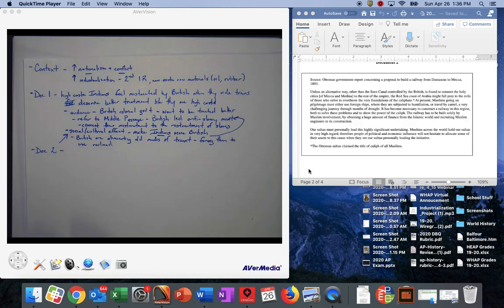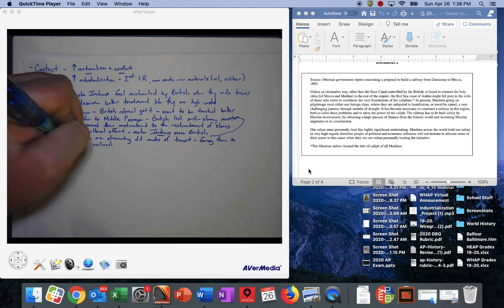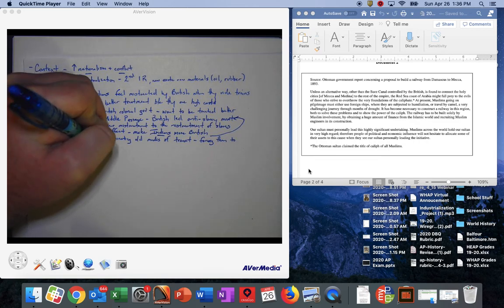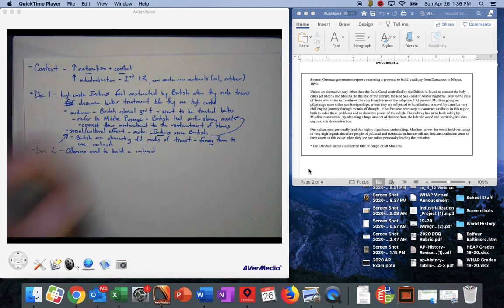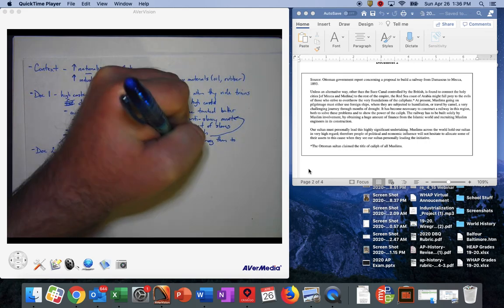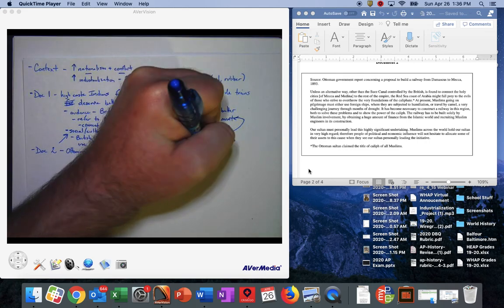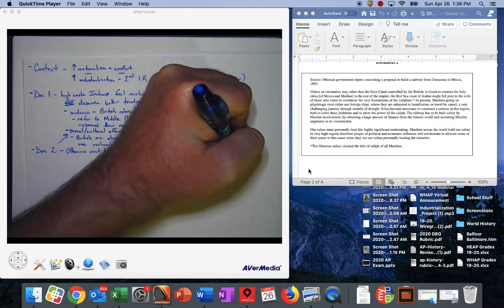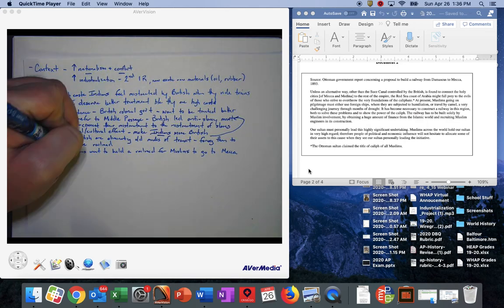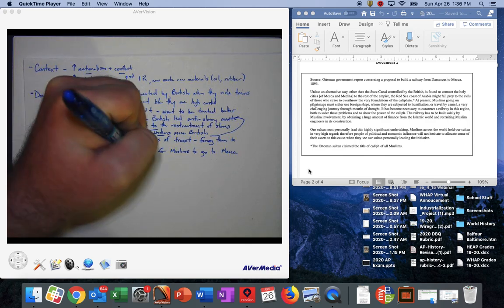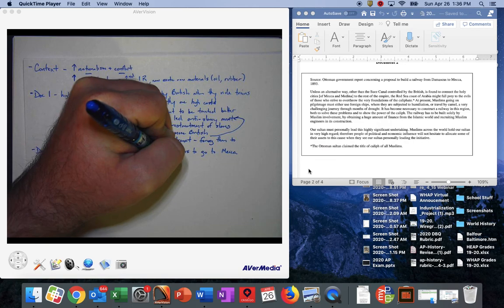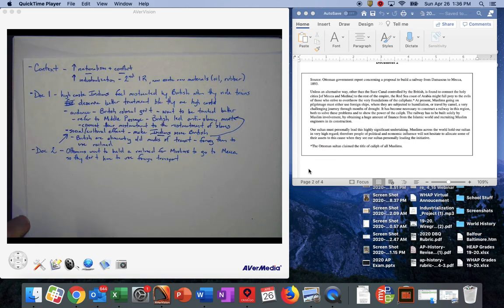And so the basic main idea of this document is that the Ottomans want to build a railroad for Muslims to go to Mecca, so they don't have to use foreign transport. Now, that's the main idea.